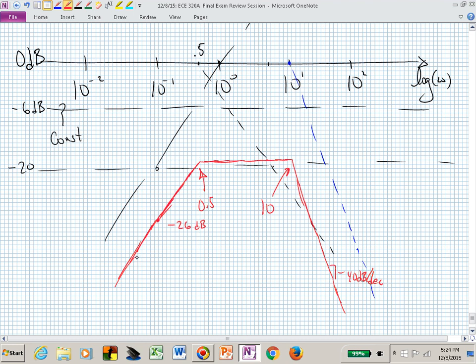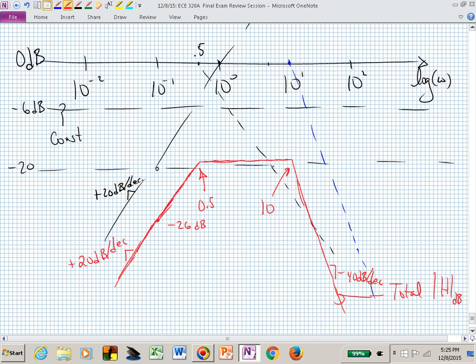And this slope is plus 20 dB per decade, which was this slope right here. Questions on that? This is now the total magnitude of H.